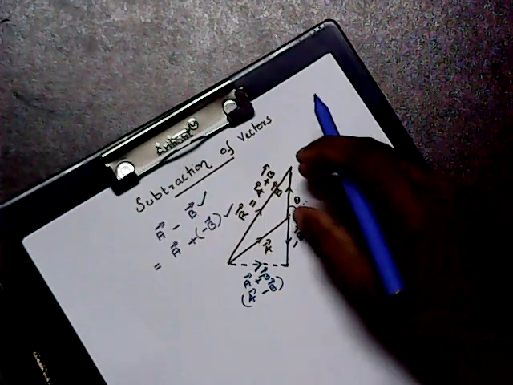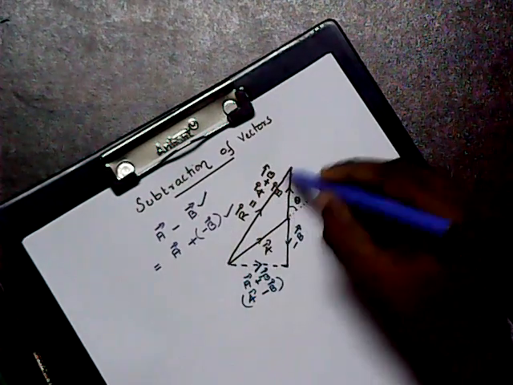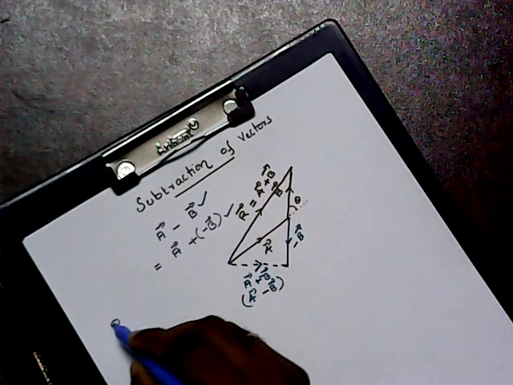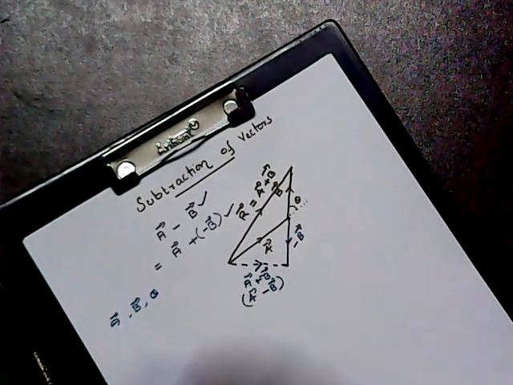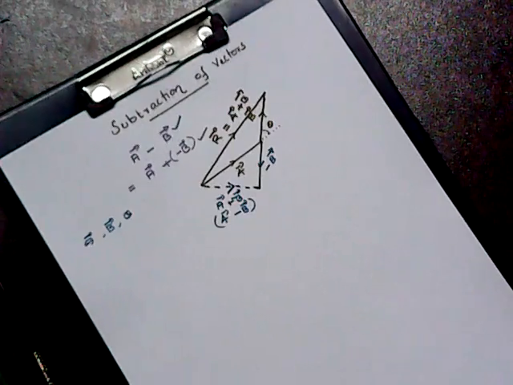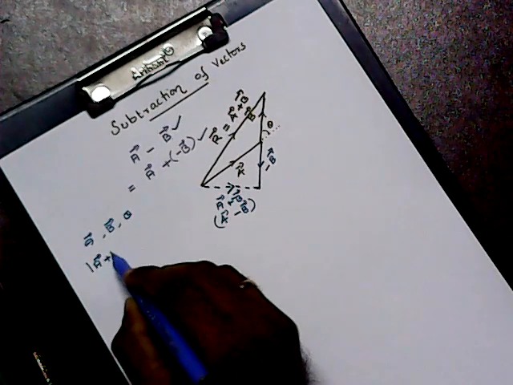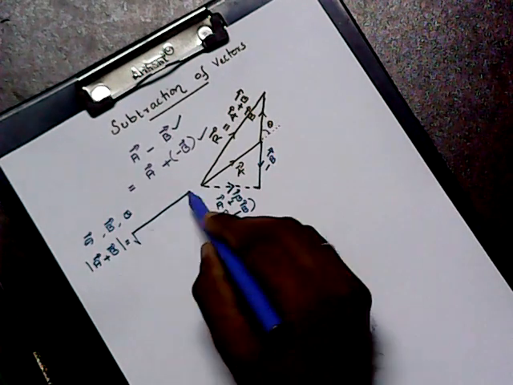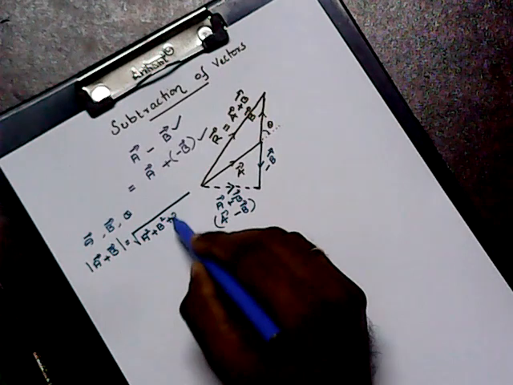So during subtraction, if we compare with the addition, there the two vectors a and b make an angle theta, and we represent the resultant as modulus a plus b in magnitude, with the value square root of a square plus b square plus 2ab cos theta.